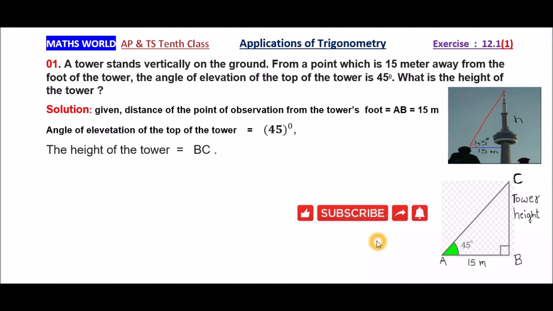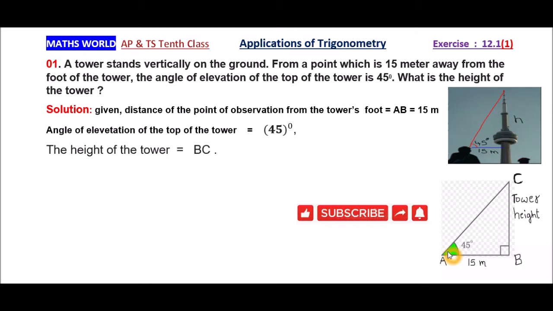Which trigonometric ratio do we have to use? There is a confusion, but it is easy. See here, with respect to theta, 45 degrees, BC is the opposite side and the given adjacent side is AB. So opposite side divided by adjacent side is tan theta.